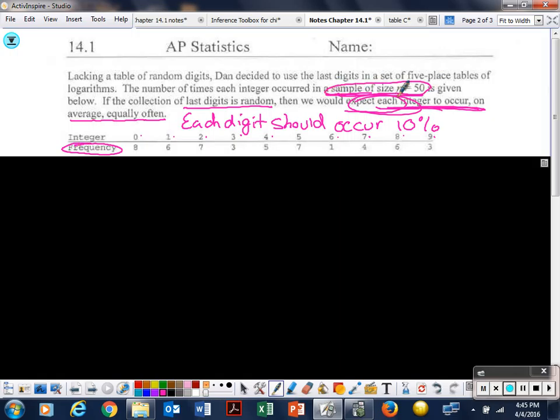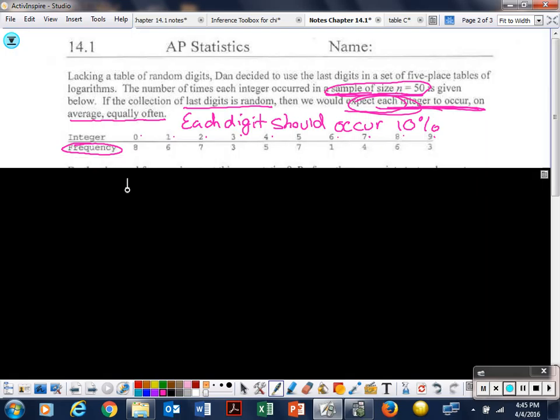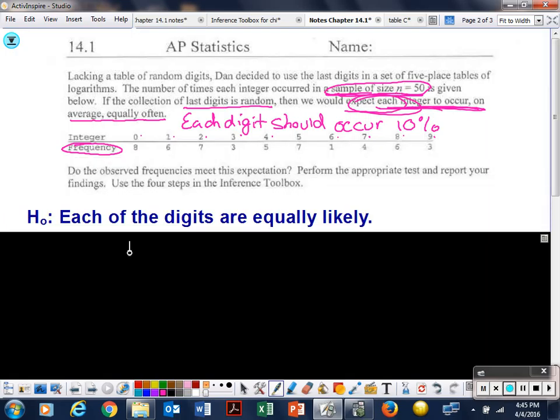So first of all, our hypothesis. Our hypothesis is going to be that each of the digits is equally likely. In this case, each digit should show up 10% of the time.